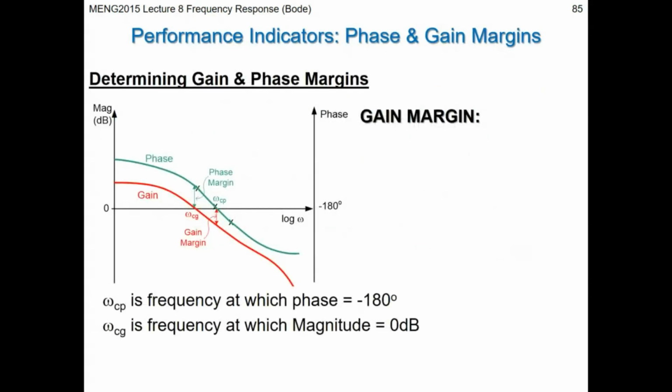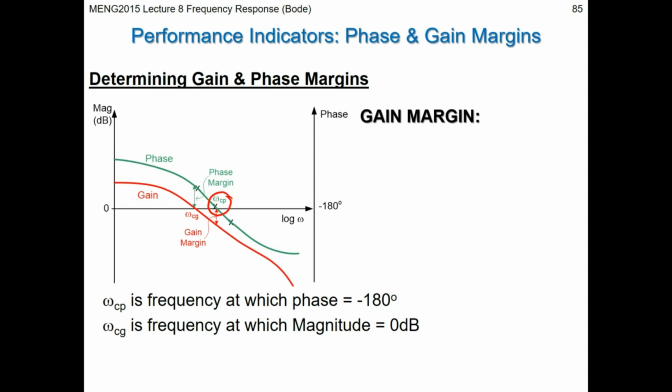So if I want to calculate my gain margin, I have to first of all determine where my phase line crosses minus 180. So I have to identify this point right here, which I've labeled omega CP. That is the crossover frequency for my phase line.